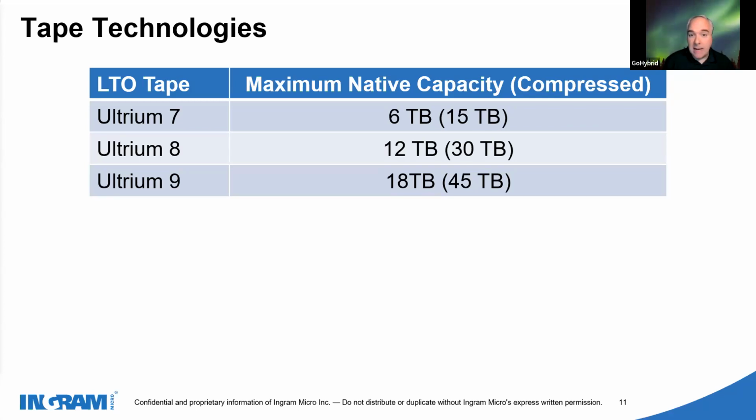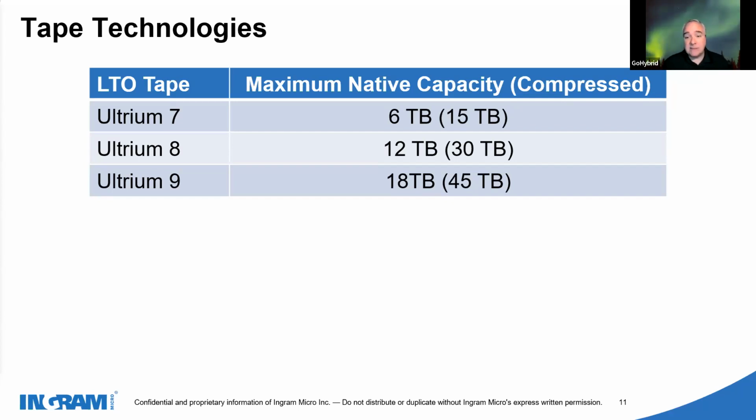But Ultrium 9 is the current standard for LTO tape. The older LTO 8 and LTO 7 are still around. What I have listed here is the native capacity for each tape for Ultrium 7, Ultrium 8, and Ultrium 9: 6 terabytes, 12 terabytes, 18 terabytes.